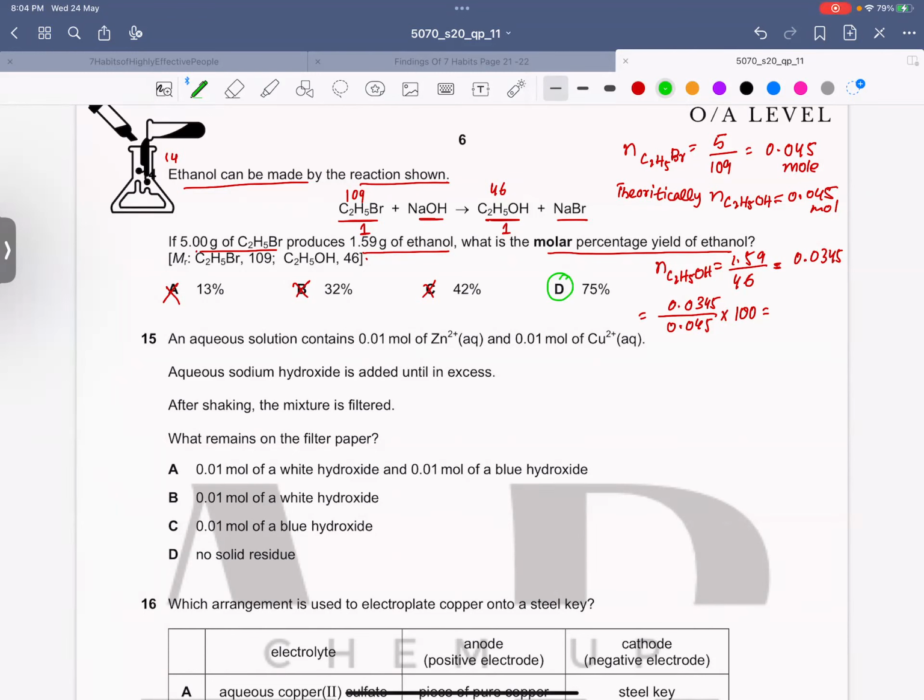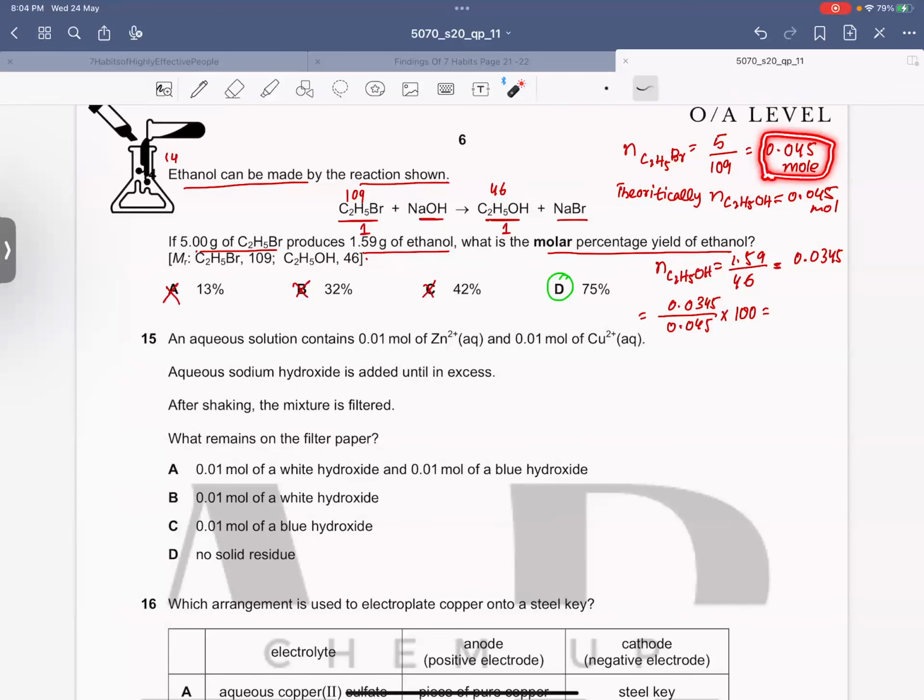Okay. See, from the equation, we are observing that 1 mole of bromoethane is producing 1 mole of ethanol, right? Did you understand this? Yes, sir. They have used 5 grams of bromoethane, right? I converted this 5 grams into moles, and I figured out that 0.045 moles were used. Is this understandable to everyone?